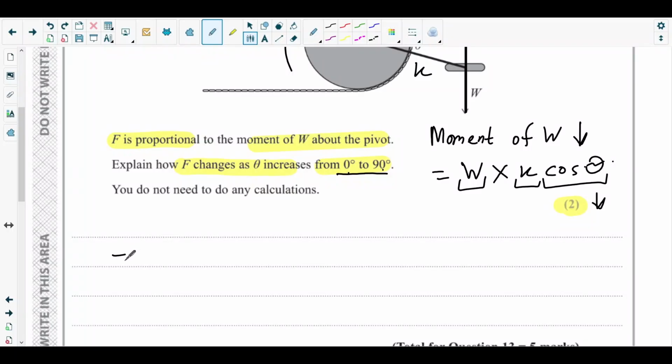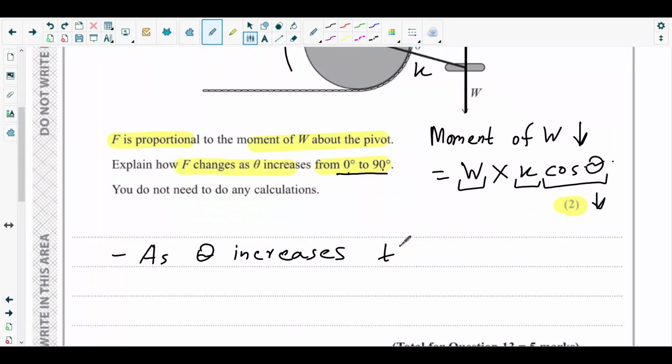So for 2 marks, what we can say at first? The first point is that as theta increases, x cos theta decreases, right?